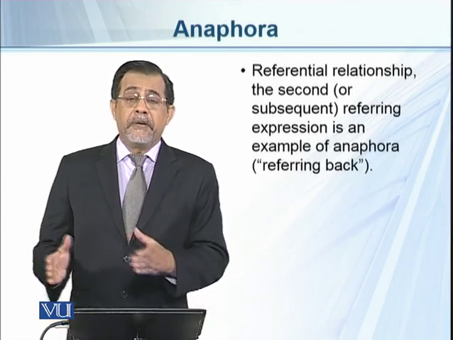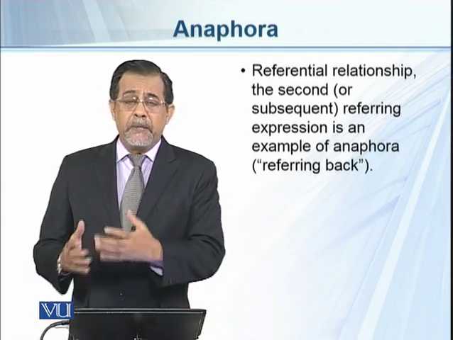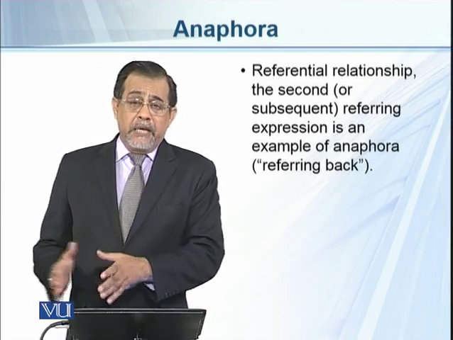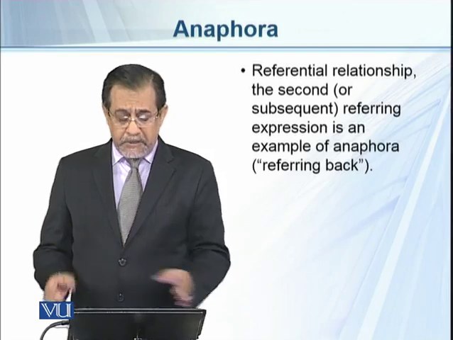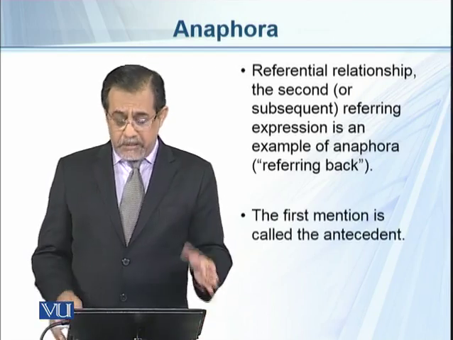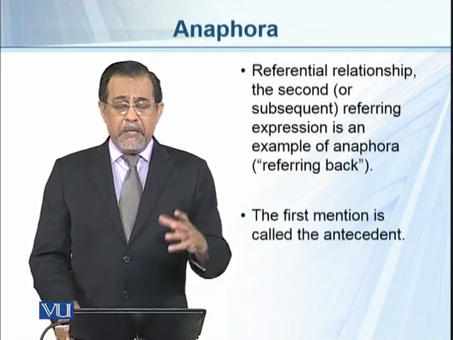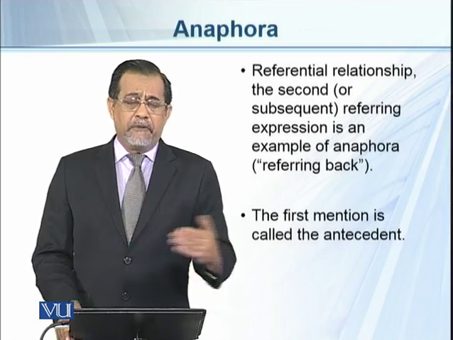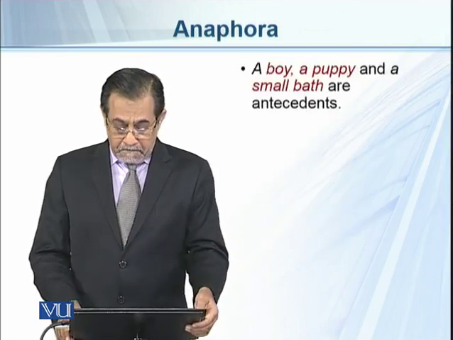Anaphora means referring back. So the second mentions, the puppy, the boy, the small bath, are the anaphoric references. And the first mention is called the antecedent. So a puppy, a boy, a small bath are the antecedents of those phrases.